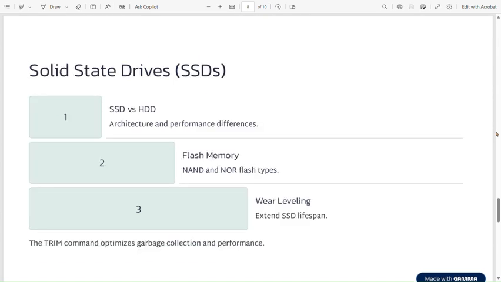Then it is solid state drives, SSDs. SSD, solid state drive, uses flash memory to store data, providing faster read or write speeds, lower power consumption, and higher durability.